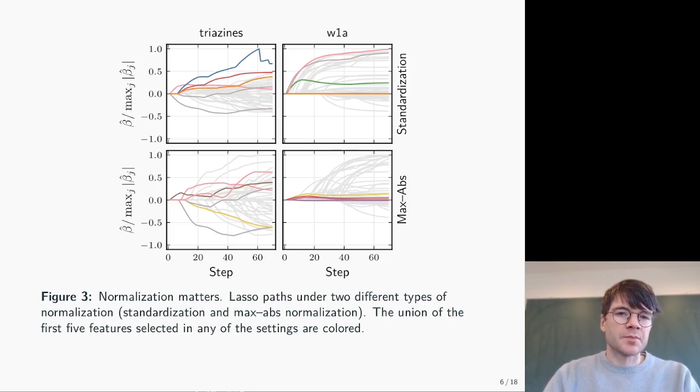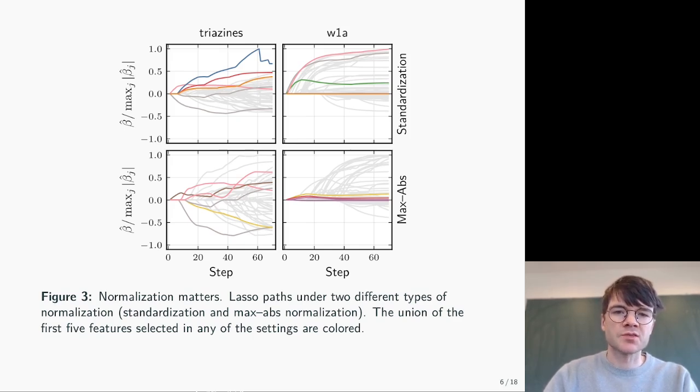But which of these you pick also has an impact on the final model that you get from fitting to your real data sets. And to see how this works, we have two data sets here, triasigns and W1A, and we have tried to fit lasso paths to them using two different normalization schemes. So in the first case, or in the top row, we have standardization, and in the second row, we have maximum absolute normalization, where you have no centering term and only scale with the maximum absolute value of each feature.